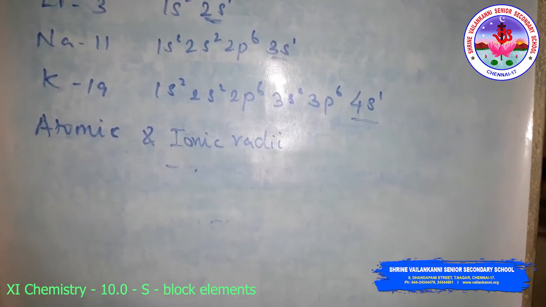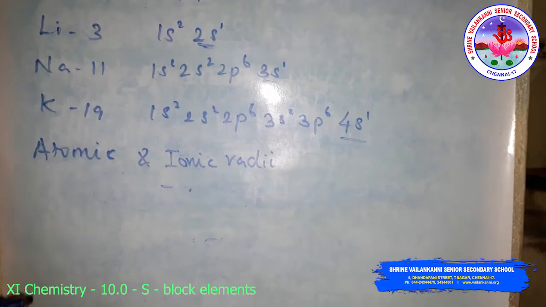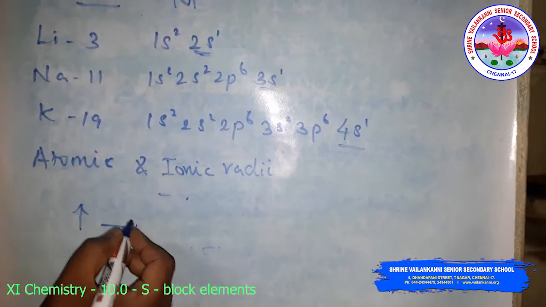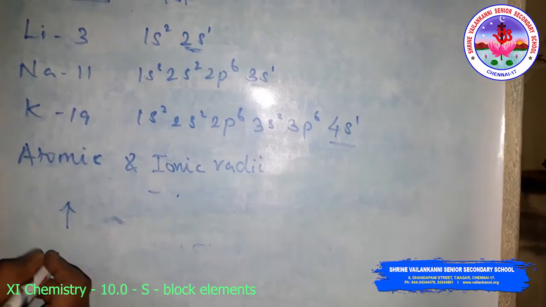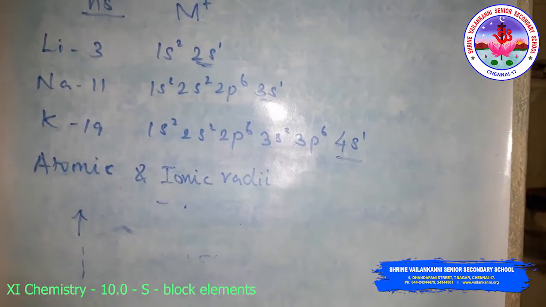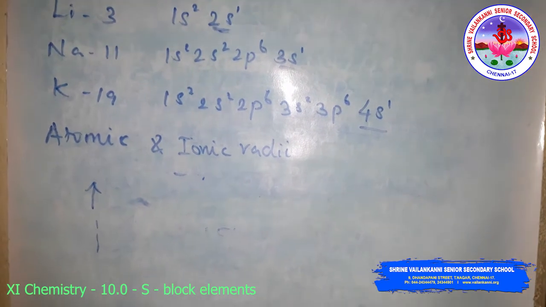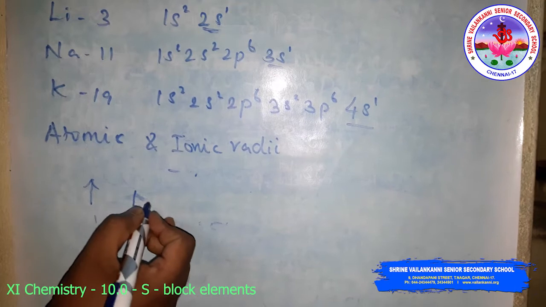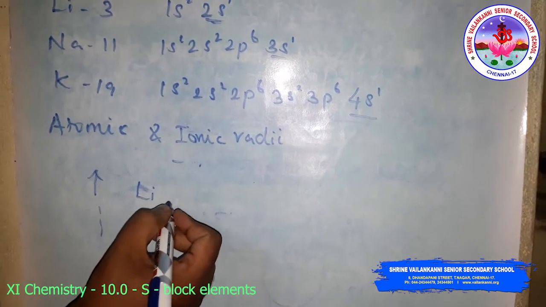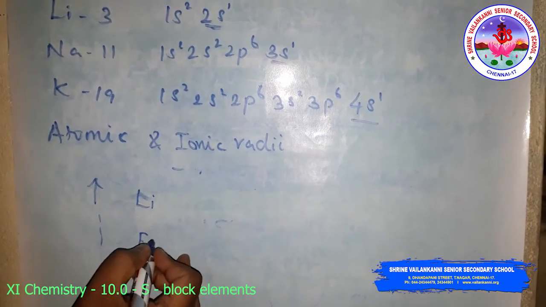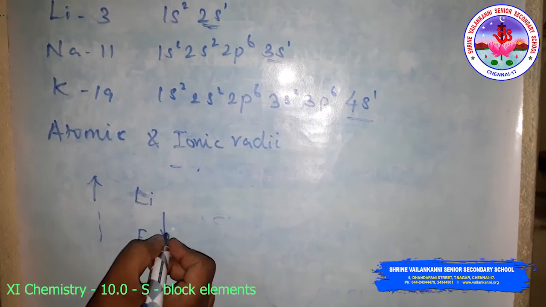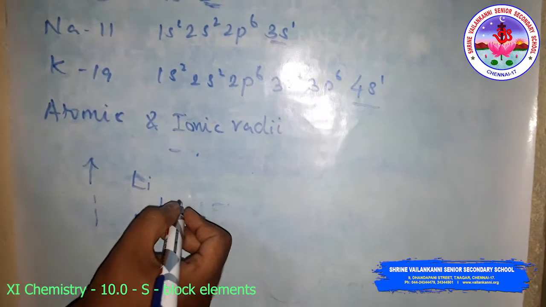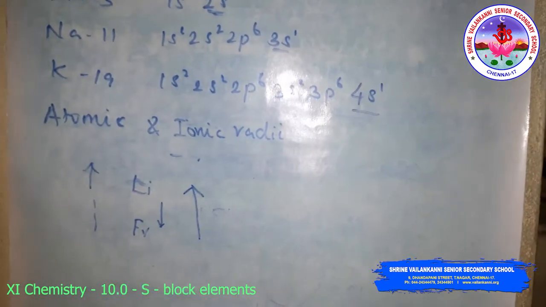The atomic and ionic radii of alkali metals increase on moving down the group, from lithium to francium.